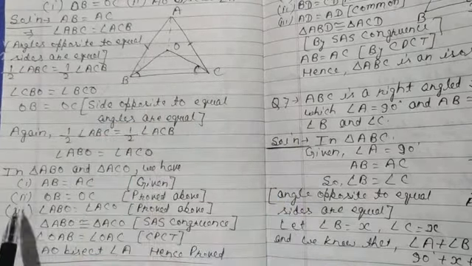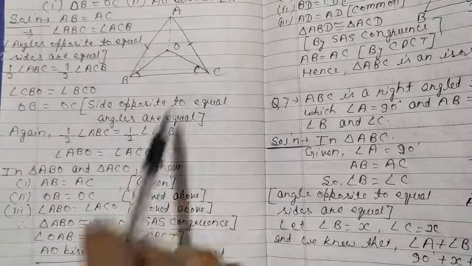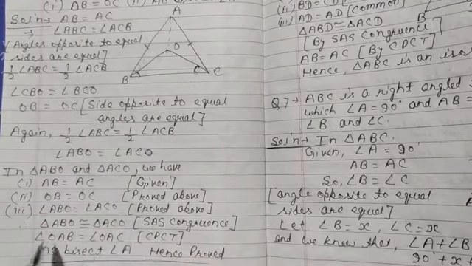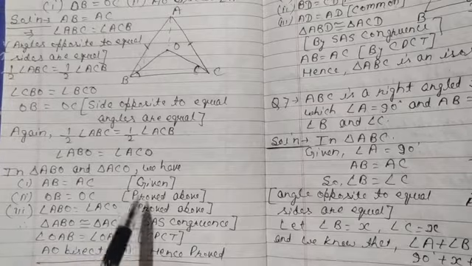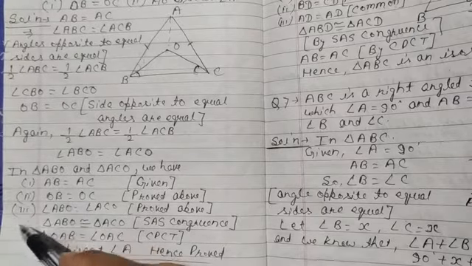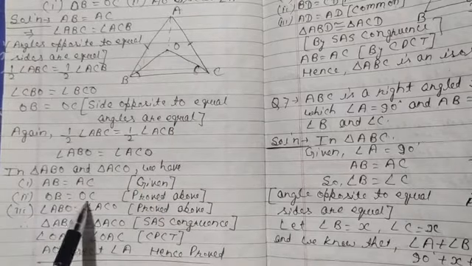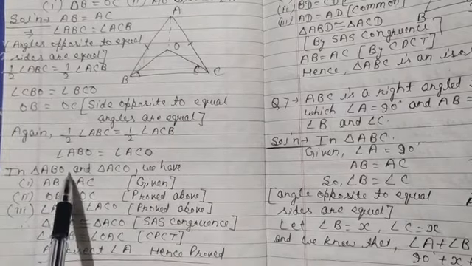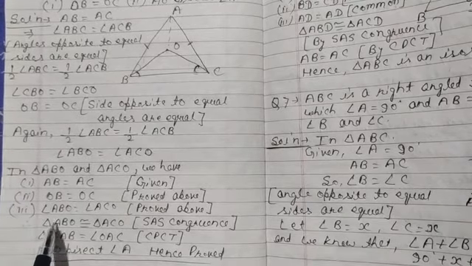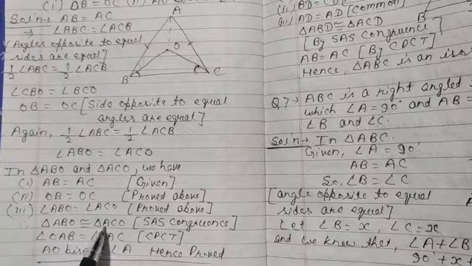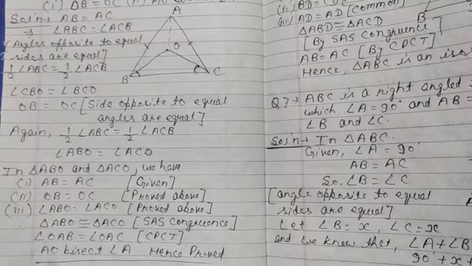Second, OB is equal to OC, which we proved above. Third, angle ABO is equal to angle ACO, proved above. Two sides and one angle, so triangle ABO is congruent to triangle ACO by SAS congruence, side angle side.